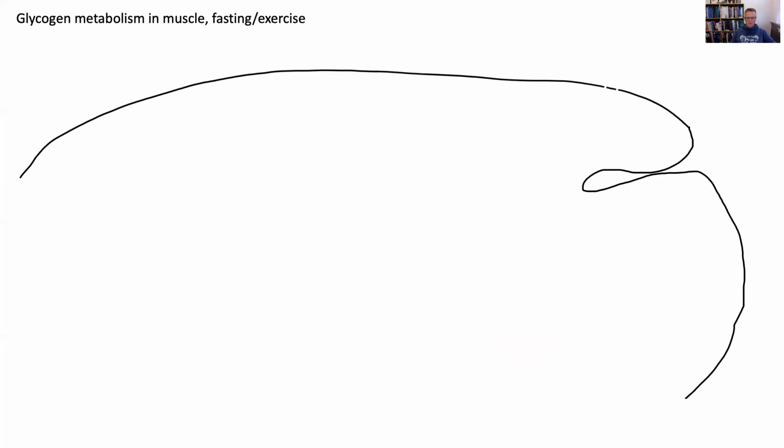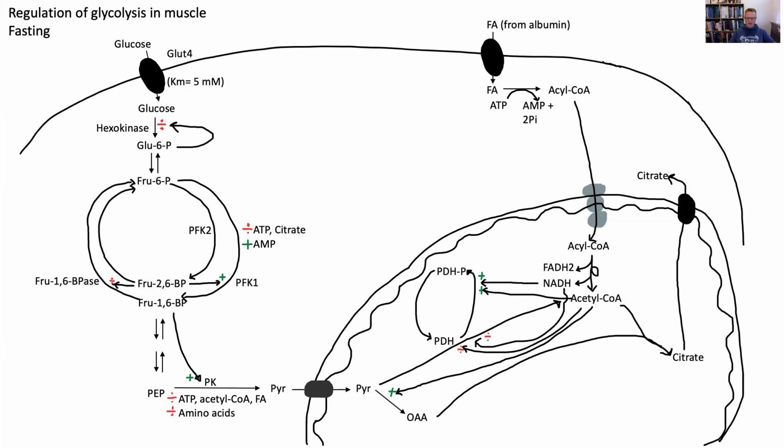Of course, we cannot degrade fatty acids without having a little bit of pyruvate, because we need production of oxaloacetate in order to produce citrate and to keep TCA, or the citric acid cycle, going.